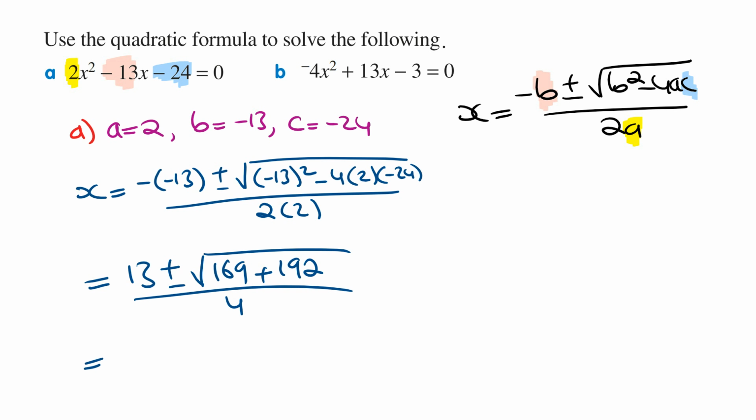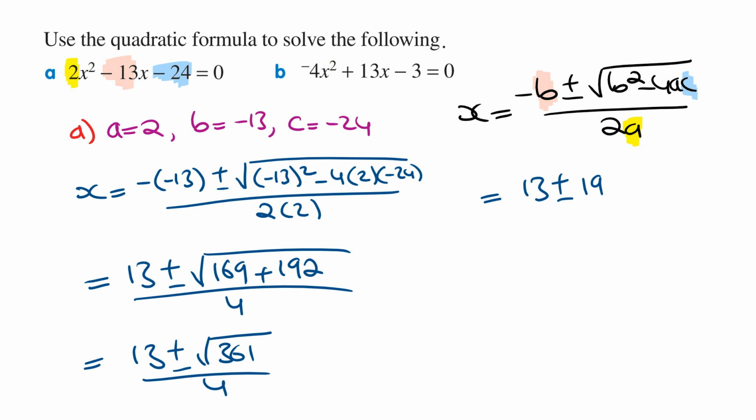Simplifying, this is 13 plus or minus the square root of 169 plus 192, which is 361, divided by 4. The square root of 361 is 19, so this is 13 plus or minus 19 divided by 4. Therefore, x is going to equal 13 plus 19 divided by 4.